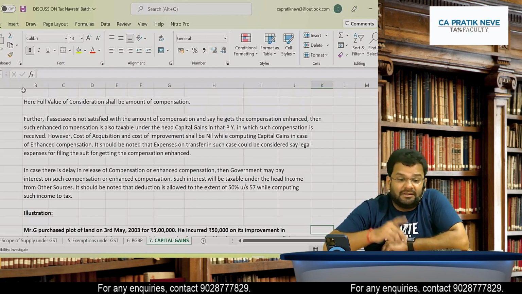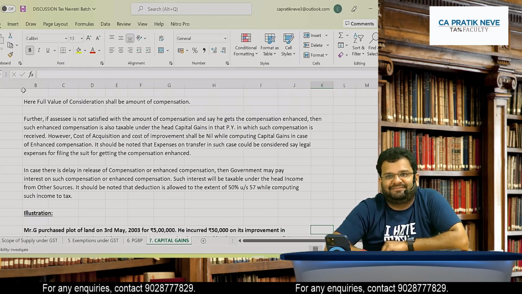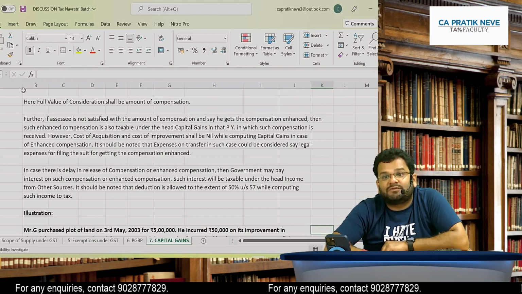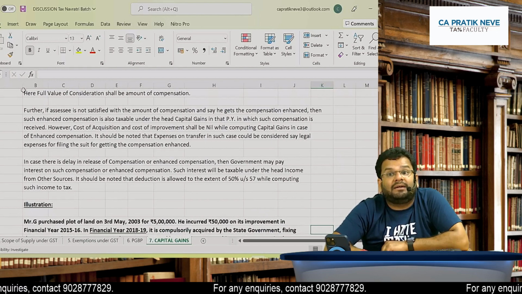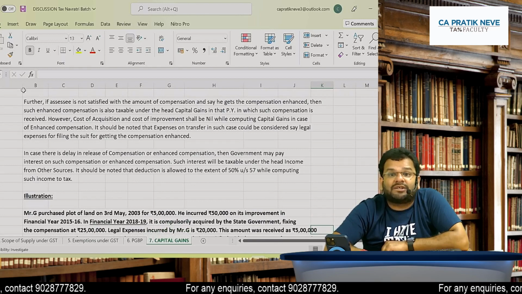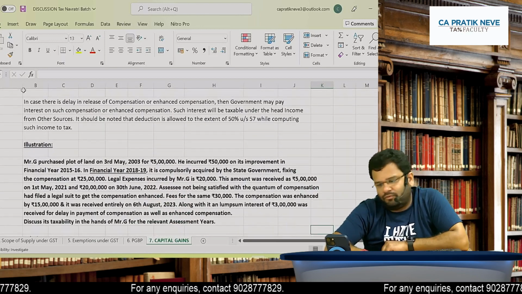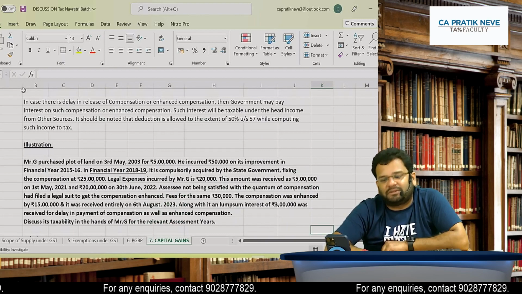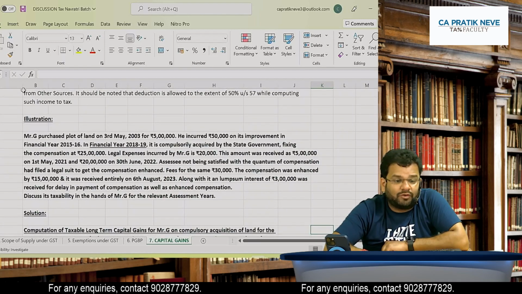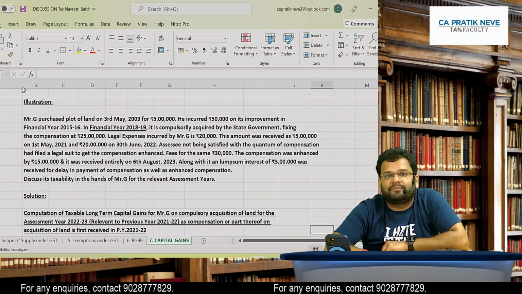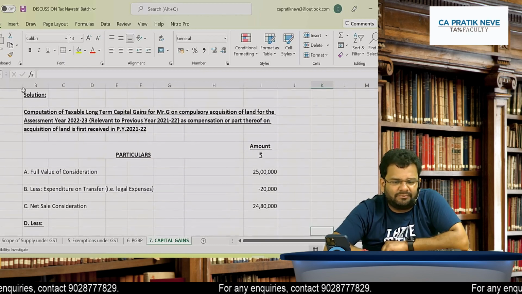Yes, this interest will be taxed under which head? Of course, it will be taxed under the head income from other sources, and it gets a standard deduction of dash percent under section 57. Very good. 50%. Akshata, well done. Aditya, well done. It gets a deduction of 50% directly. Agreed? I hope सबको समझ में आ गया.